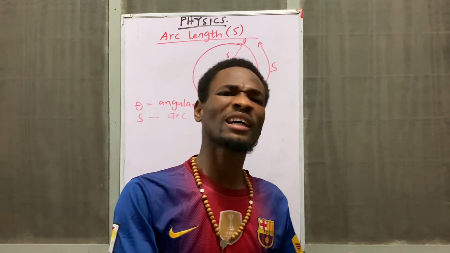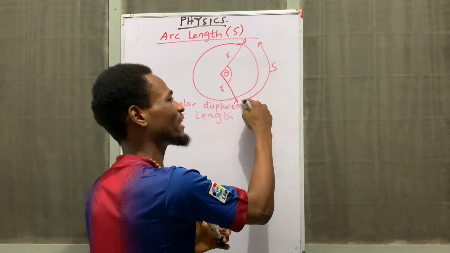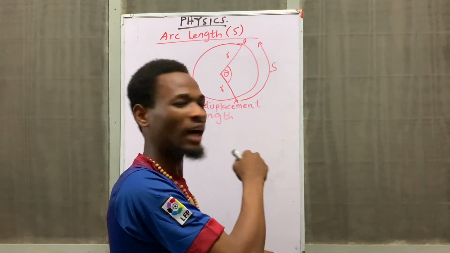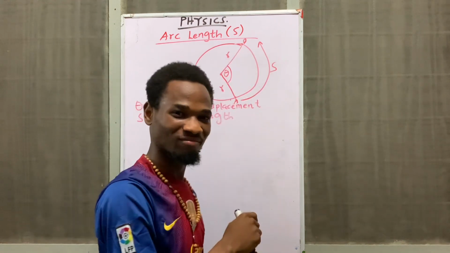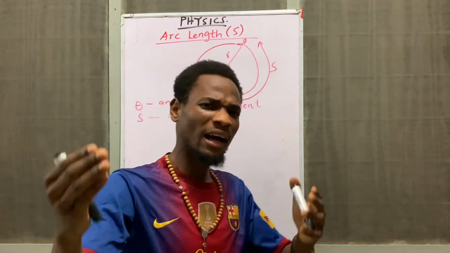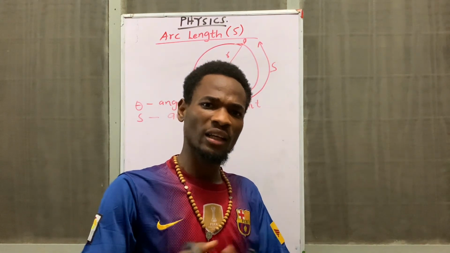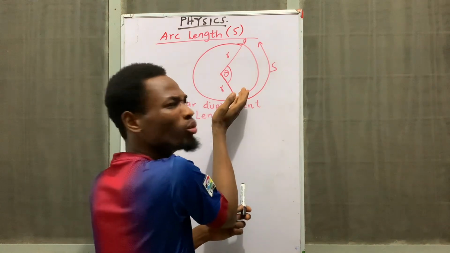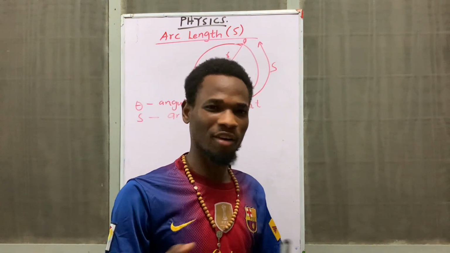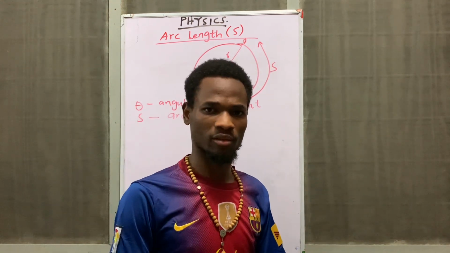So you can say that arc length refers to the distance traveled by the body as it moves from A to B. With respect to the diagram, that's arc length for you. You can say arc length is the distance traveled by a body as it moves along a curved path. You see, it's very, very simple. So I don't expect you as a student to chew this.